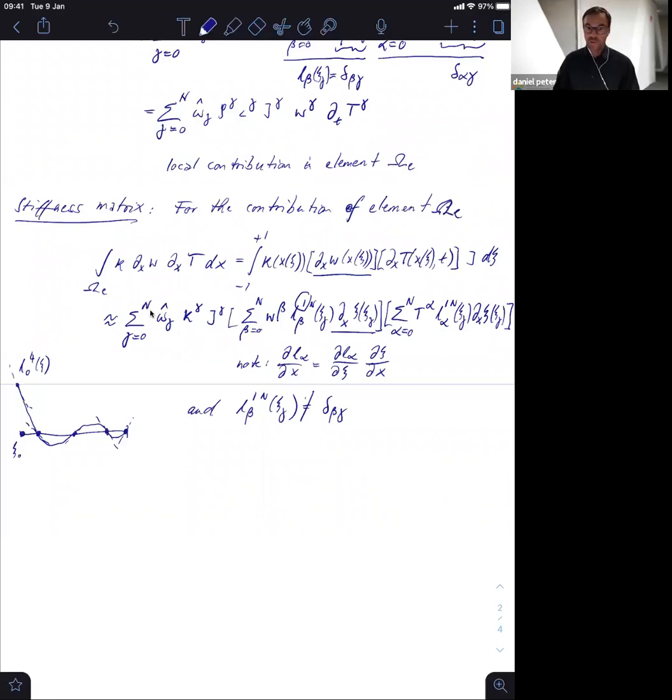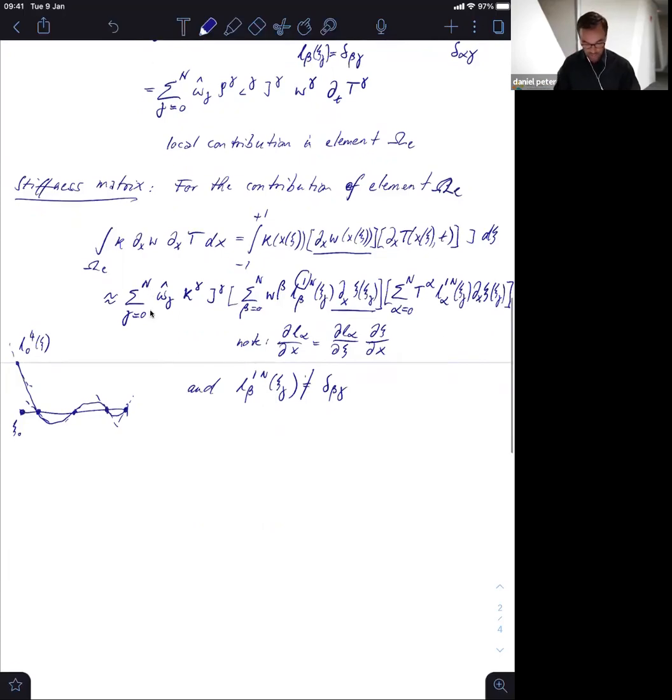But what we can do is play with these W beta coefficients of the test function. So let's do that now.